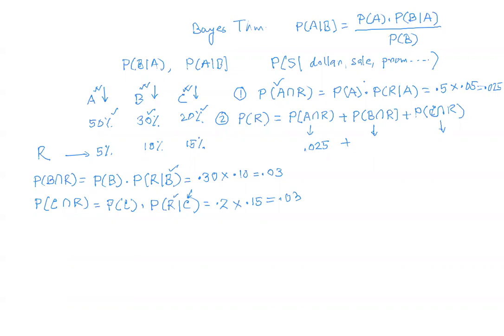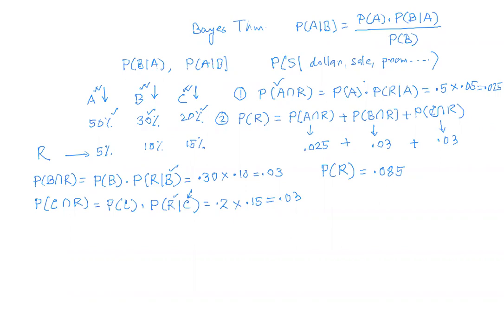So this number is 0.03, this number is 0.03, and I add all these numbers to get the total reservation problem, which is 0.085, I believe. Yes. So the total reservation problem is 0.085.